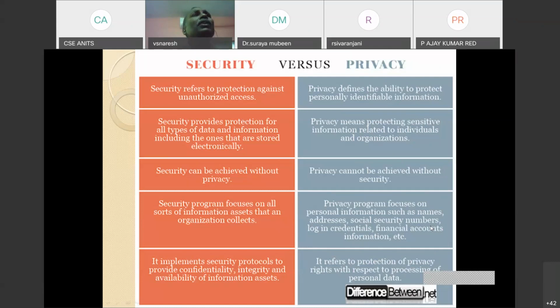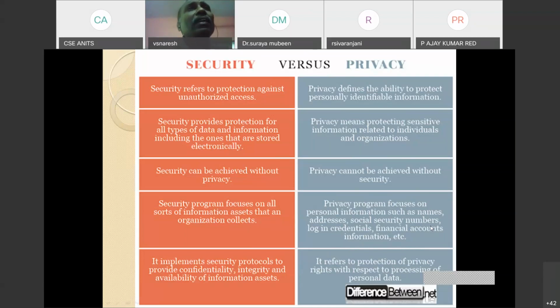The next thing is, a security program focuses on all sorts of information assets that an organization collects. So security gives a protection shield for the data collected in an organization or for a person's data.